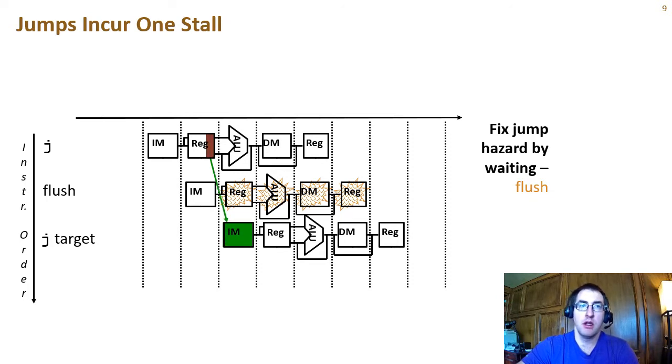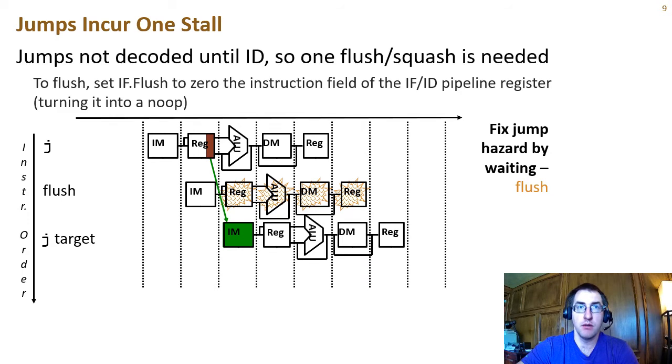We can squash the instruction that follows the jump, and then the instruction at the jump target will be fetched in the subsequent cycle, and we will have a single no-op in the pipeline for that squashed instruction, and we'll be wasting 1 cycle. So essentially every jump instruction will be taking 2 cycles to execute because of the overhead of the flush.